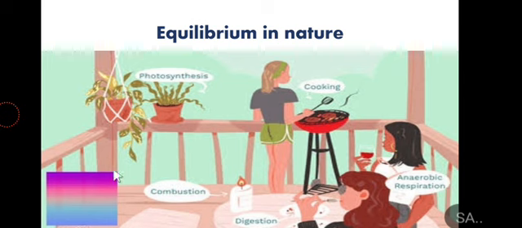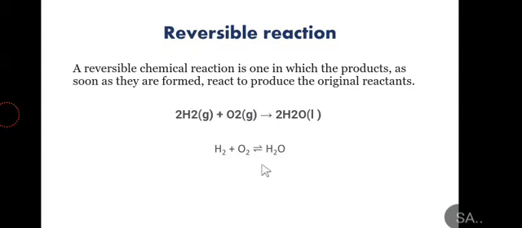This carbon dioxide gas is taken up by the plants, and they utilize it to make their food as well as oxygen. The oxygen is used in all the processes that are happening in the surrounding. So this is the equilibrium in nature, and this also happens in your chemistry lab and even in nature.